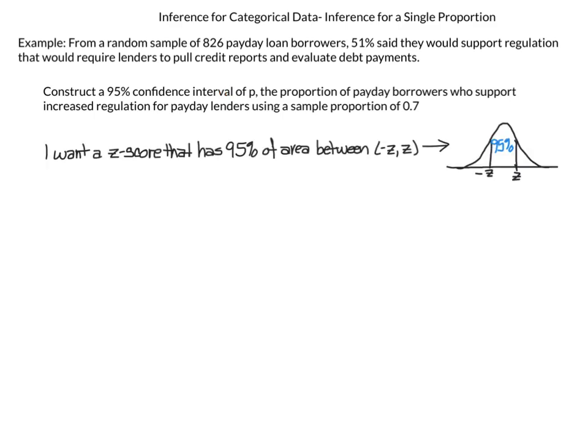So we're looking for the z-score so that between negative z and z, we get a 95% confidence interval, an interval centered around our p hat, capturing 95% of our sample distribution.